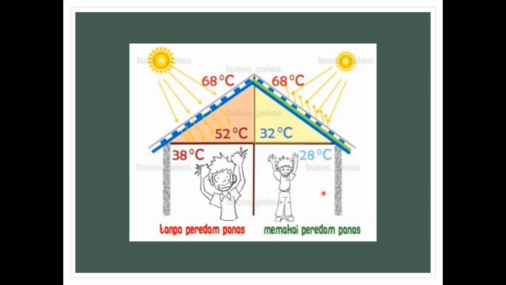So with some insulation on the roof, we can provide a cooler environment inside the roof rather than hot, when the sun's heat is absorbed by the roof and transferred inside the building.